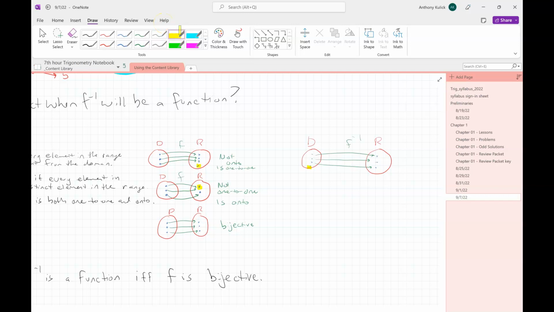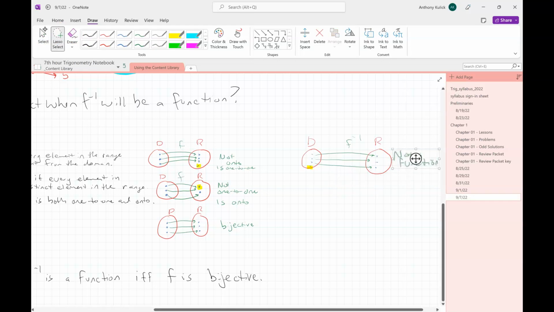No way, because not all the domains get used. So if I don't have onto, when I make my inverse, I'm going to run into not all the domains getting used.